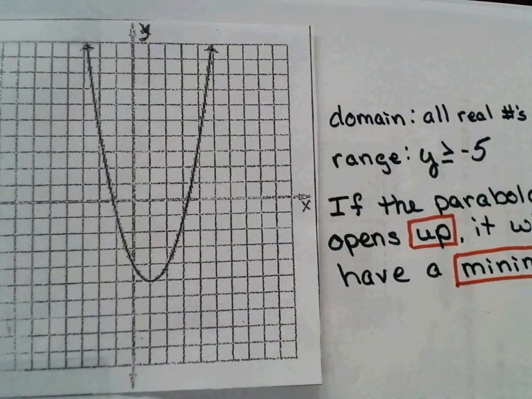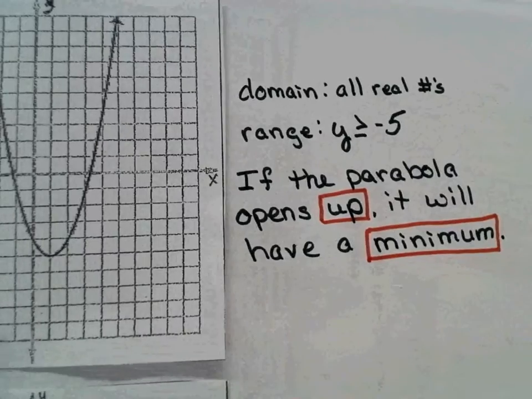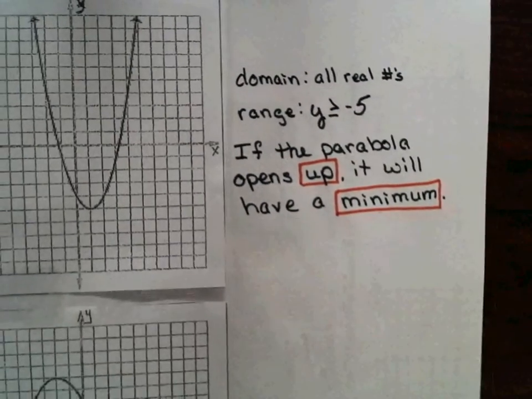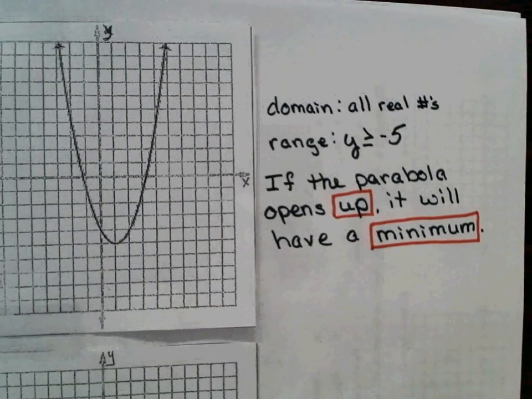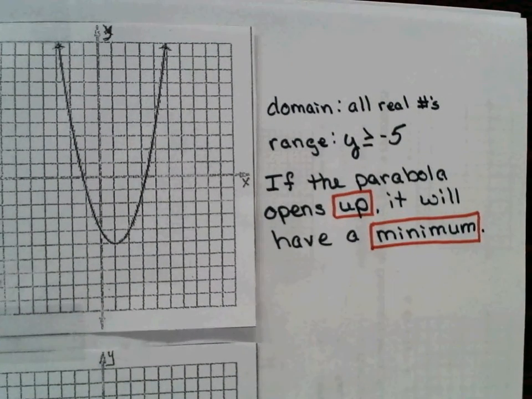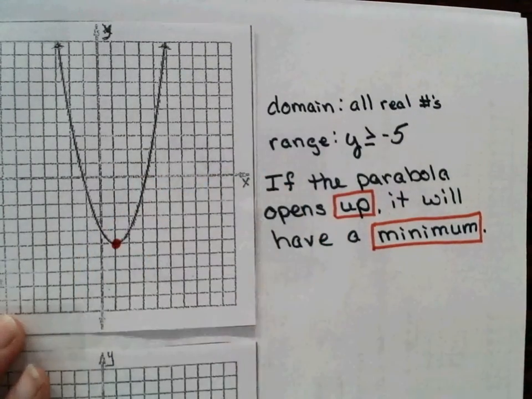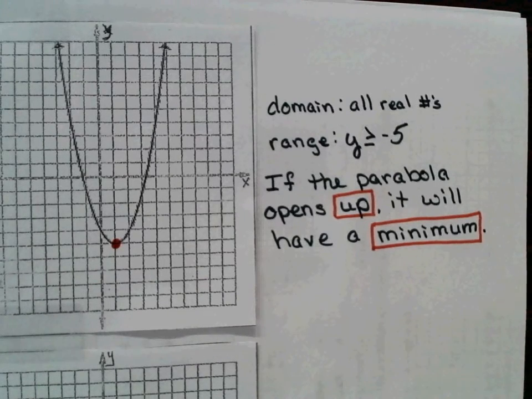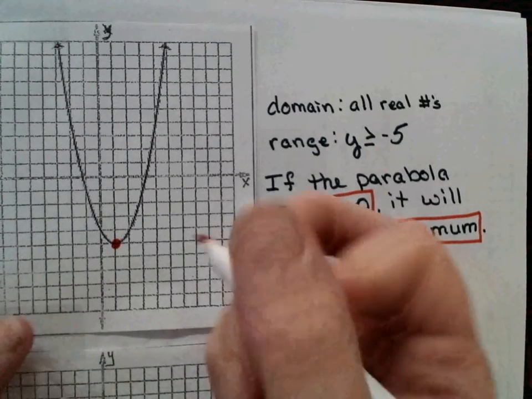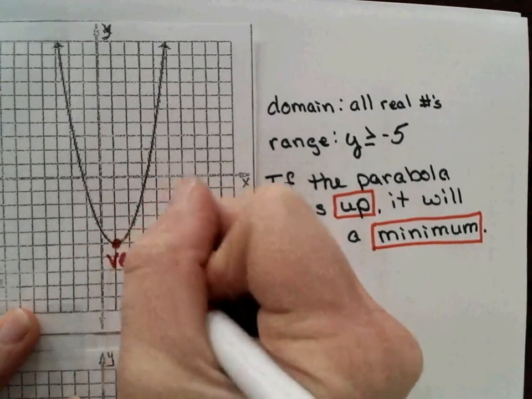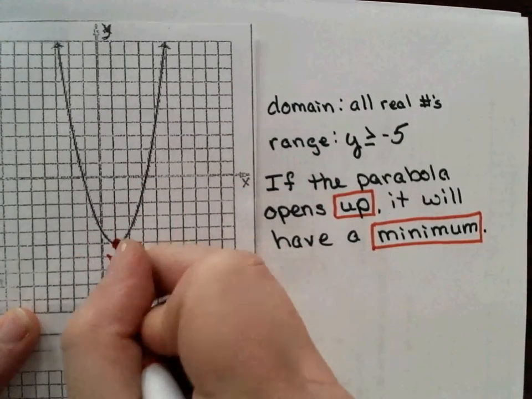Okay, so the key word here is minimum. What's the word minimum mean? The lowest point. Okay? So if the parabola opens up, we are going to have a minimum, which is going to be that lowest point there, where you started your graph from. That point is called your vertex. And in this case, it is a minimum.